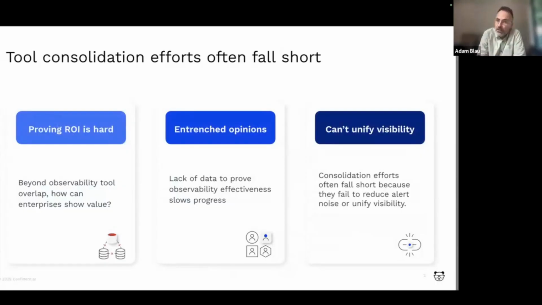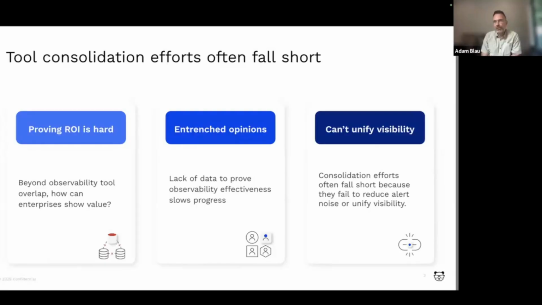Well, a lot of monitoring and observability tools were designed for a specific purpose, and they expanded features and capabilities that allow them to foray into other areas like digital experience monitoring, cloud, security, infrastructure, network, database, you name it. But when those tools overlap, do you have visibility into that? And can you really showcase the value of what you're observing beyond the perspective of what a developer needs?